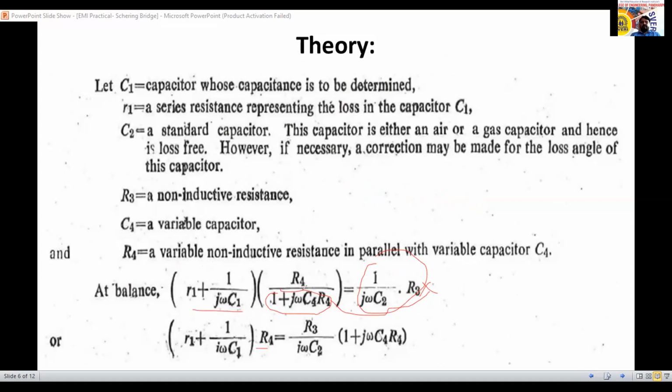The denominator term goes to the RHS and becomes the numerator, multiplied to the whole equation. So 1 by j omega C2 into R3 we can write as R3 divided by j omega C2. Understood? Yes, sir.